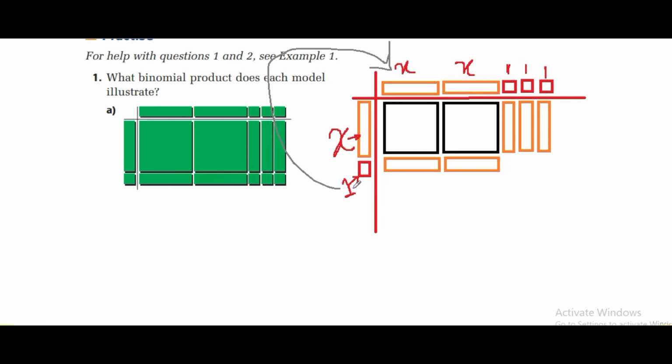Now after this step you multiply this 1 with this tiny square 1, and you get 1, a tiny small square here.